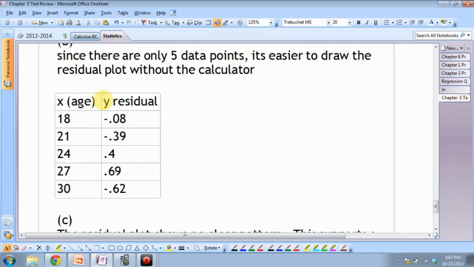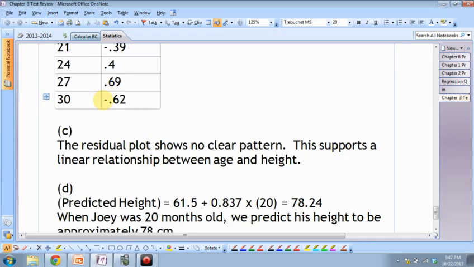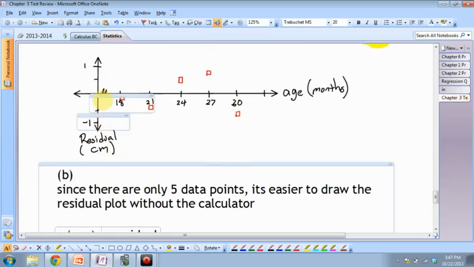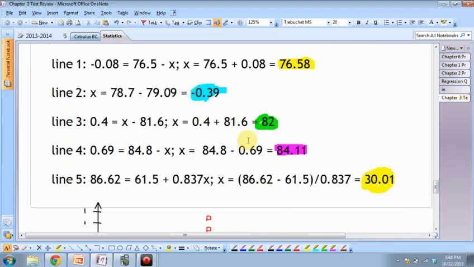Letter C, based on that residual plot, would you expect the growth pattern to be linear? Well, looking at that residual plot, I don't see a pattern. And you could kind of make up a pattern if you wanted to, but the data doesn't really support that pattern all that well.